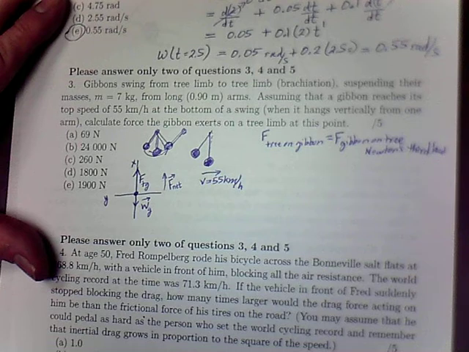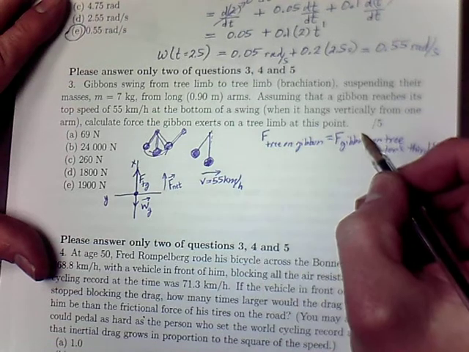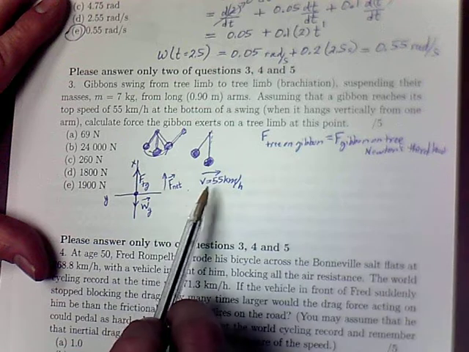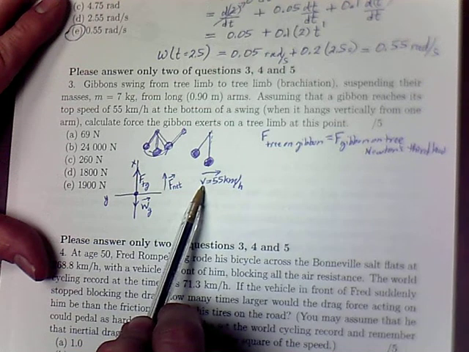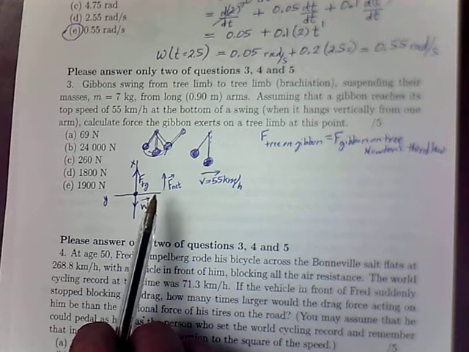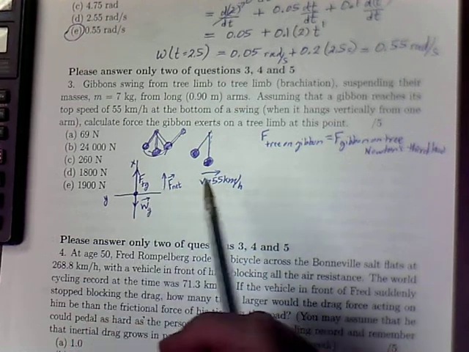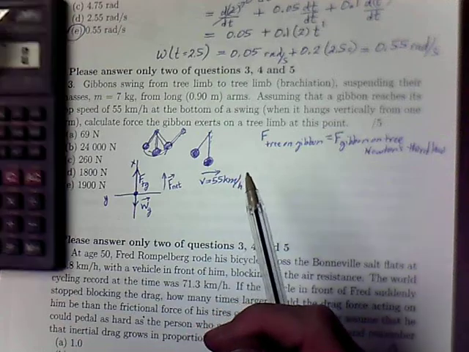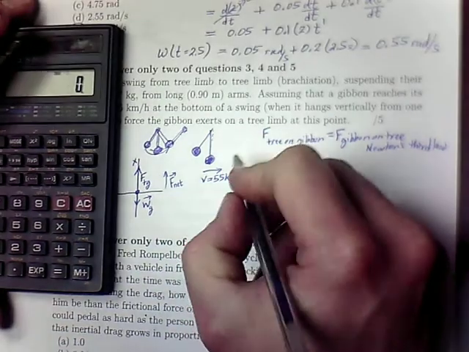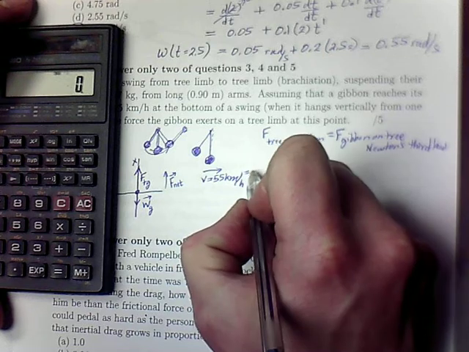So this is a problem in circular dynamics. And in circular dynamics, we know that there's a relationship between the speed of our object and its centripetal acceleration. We are not given our speed in meters per second, so we'd like to convert this.